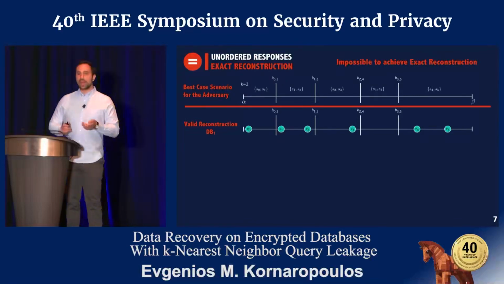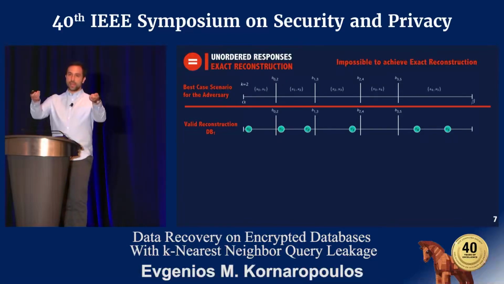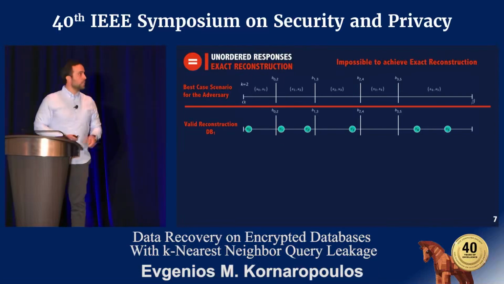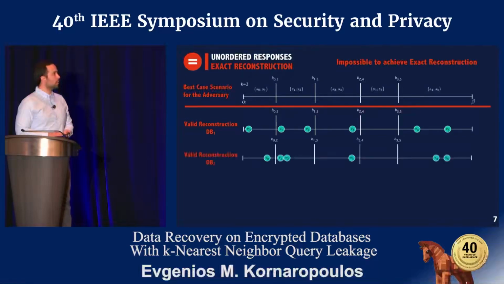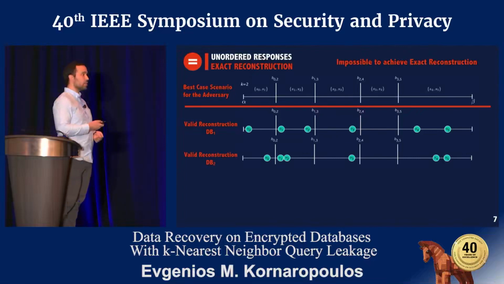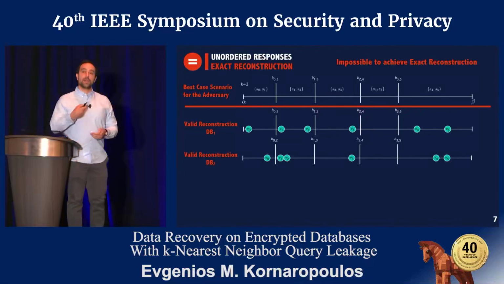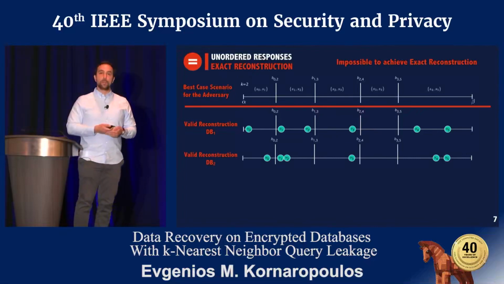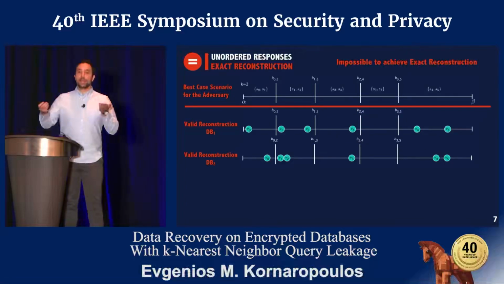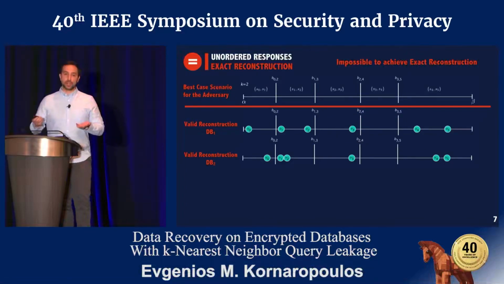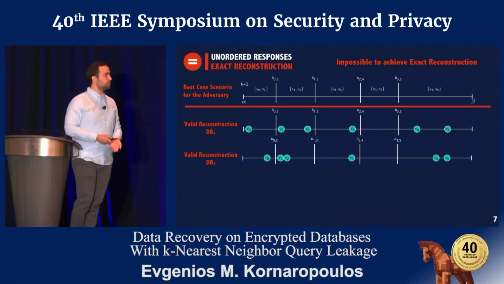Again, you can verify that the bisectors are in between the corresponding values. So far, so good. But here is another valid reconstruction that also respects the reconstructed Voronoi diagram. In other words, the adversary cannot really pick among these multiple choices of valid reconstructions.